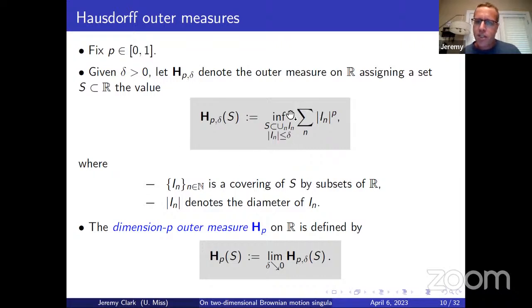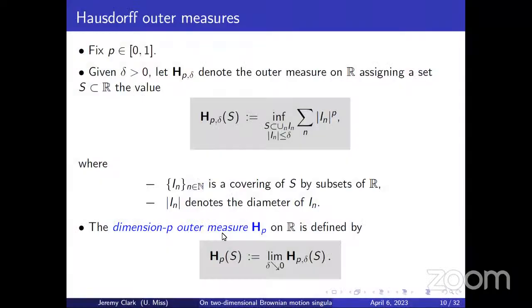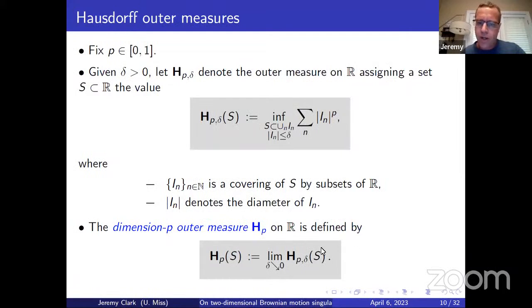Okay, so this is a standard construction of how to build outer measures. So the dimension p outer measure on R is defined in the following way: you just take the limit as delta goes to 0. So here you see delta is a small number. Okay, so this is the Hausdorff outer measure. All right, so it's defined through coverings.